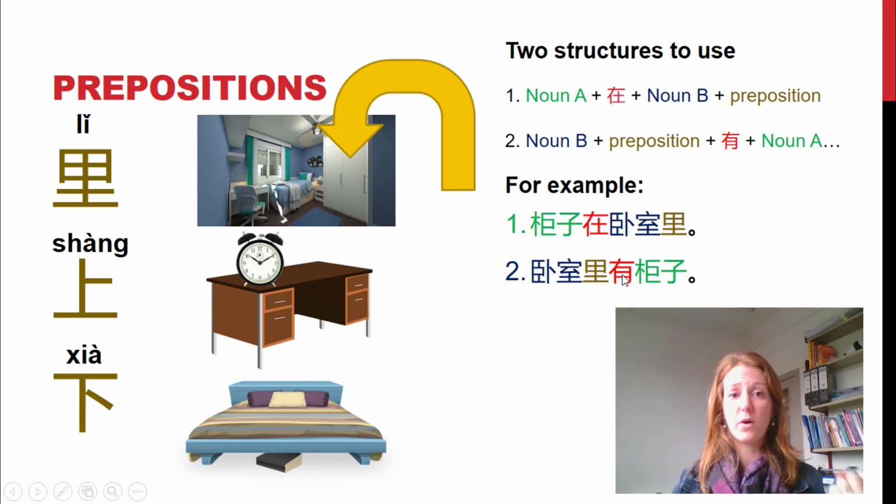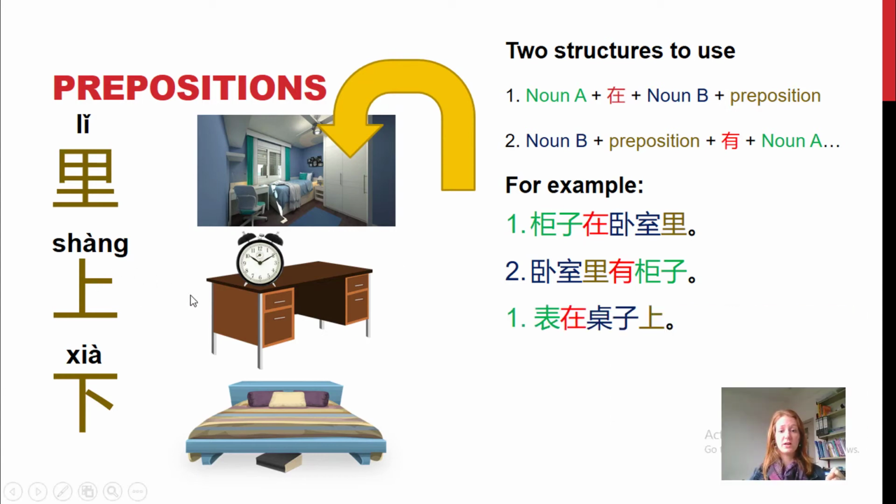So we use the word 有, have, but it kind of means there is, there has. The second example using 上, 表, 在, 桌子上. So the clock is on the table. 桌子上, on the table. Using the second structure, 桌子上有表.